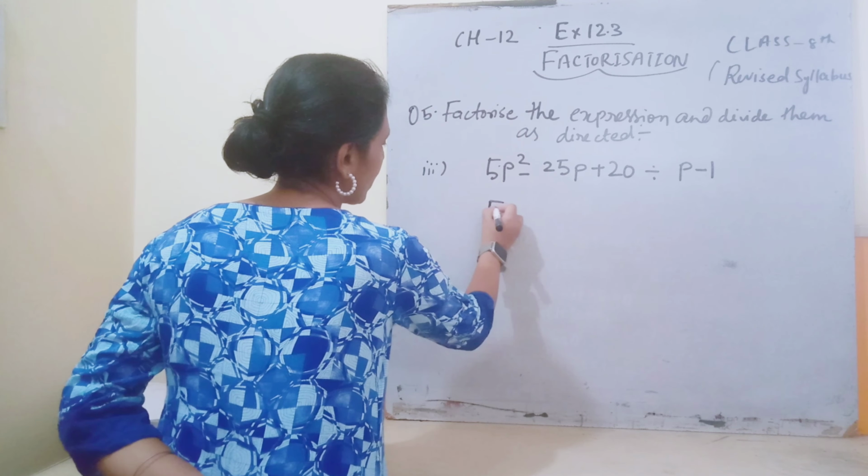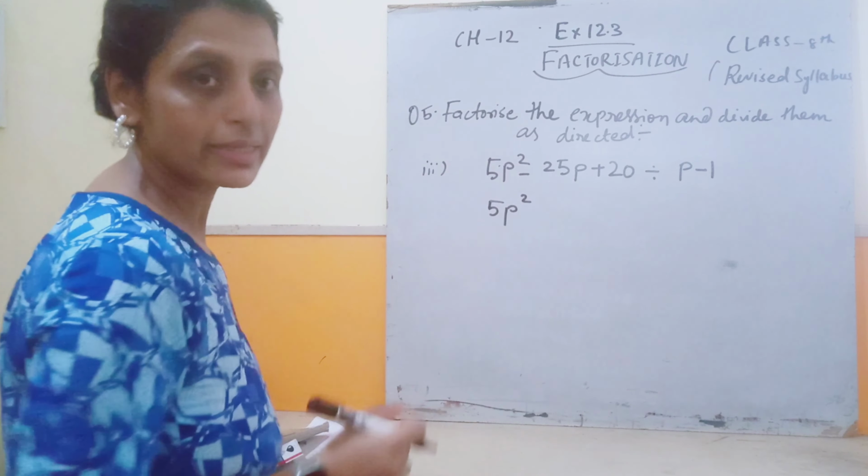So children, 5p square, I am going to factorize by splitting the middle term.